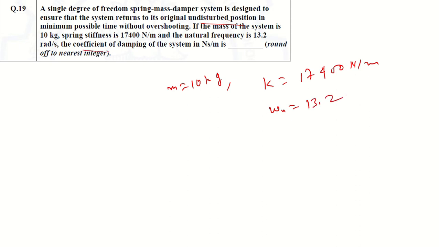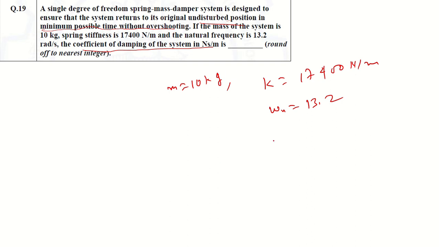The coefficient of damping of the system is in Newton second per meter. So the damping coefficient you have to find out. So here it is given, minimum possible time without overshooting. That is minimum possible time.